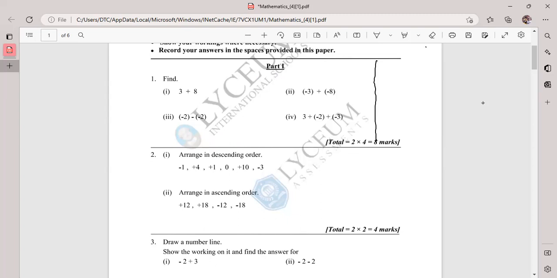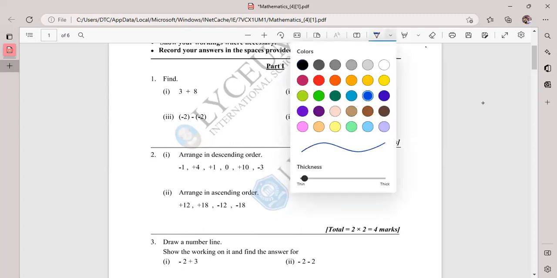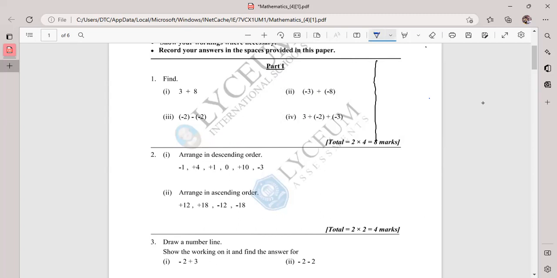The first one, I will write the answer. 3 plus 8 is simple, you don't need workings, that is 11, right? And the second one, children, when you have these 2 signs with the brackets, can you see, here the negative and negative, right?